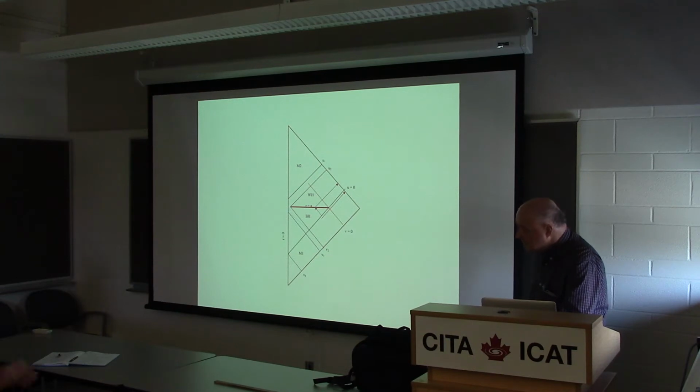So what I'm talking about is, I don't claim to know exactly how the collapse of the star or the shell that formed the black hole is reversed.